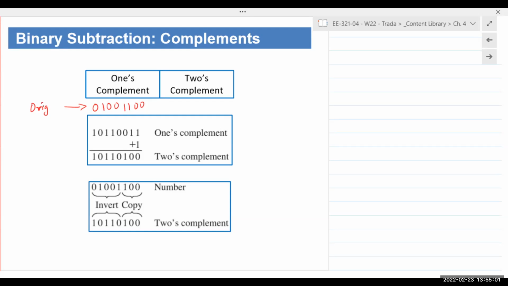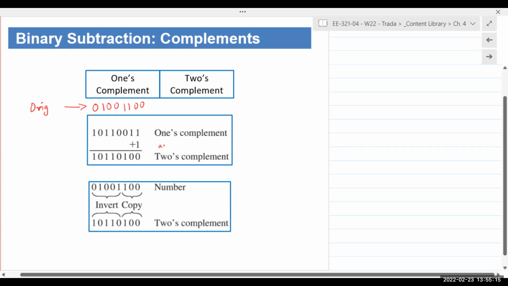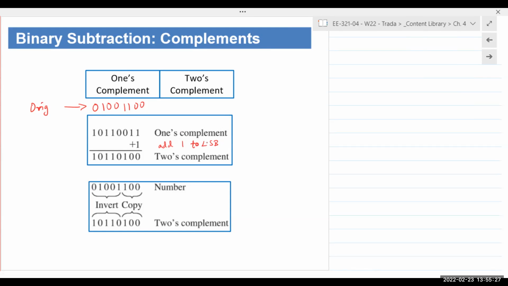So you take your original number and you flip the digits, you get the ones complement. And to that ones complement, you add 1, which is right here. Add 1 to the LSB, or just add 1, essentially. And the resulting answer is the twos complement.